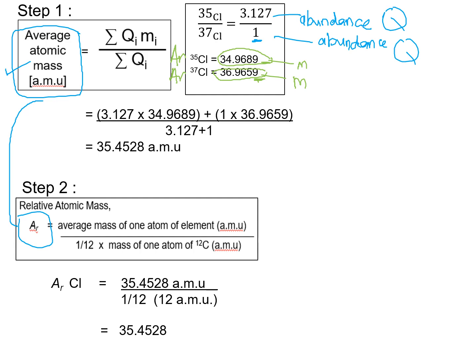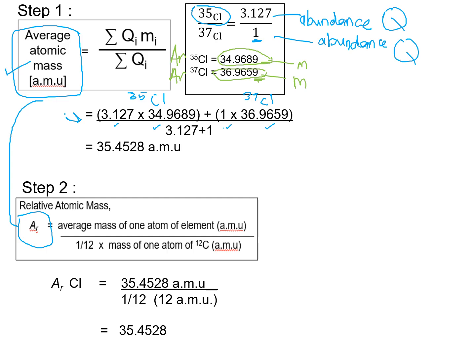Okay. So sekarang ni barulah kita masuk dalam equation. Alright. For 35Cl, kita tahu Q dia adalah 3.127. Relative atomic mass dia adalah 34.9689. Okay, for 37Cl, kita tahu dia punya abundance dia 1. And then dia punya relative atomic mass dia adalah 36.9659.